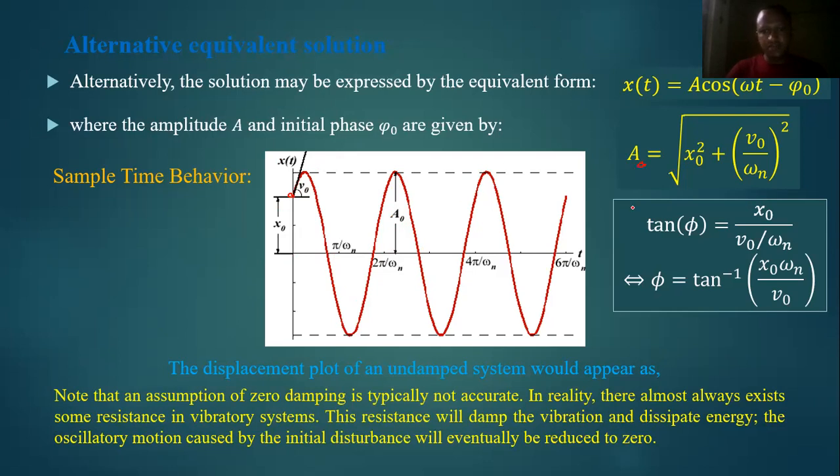Because here both velocity and acceleration are given, and phi is the initial phase difference, the initial phase.